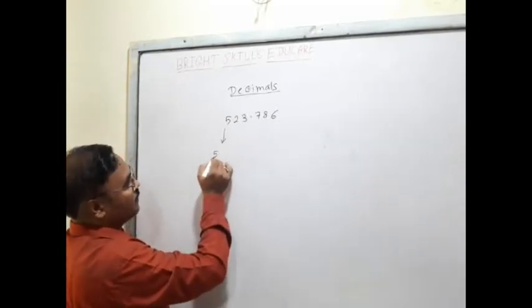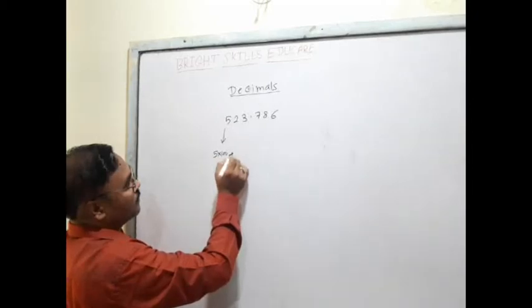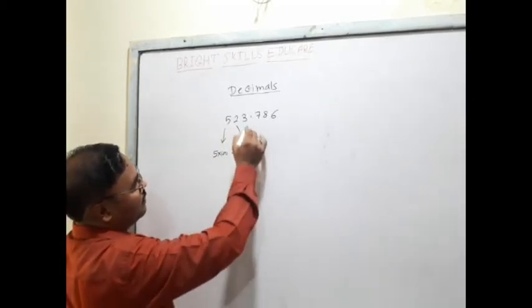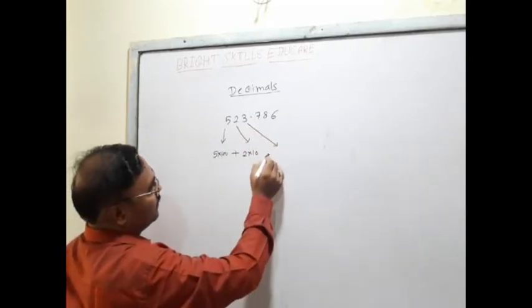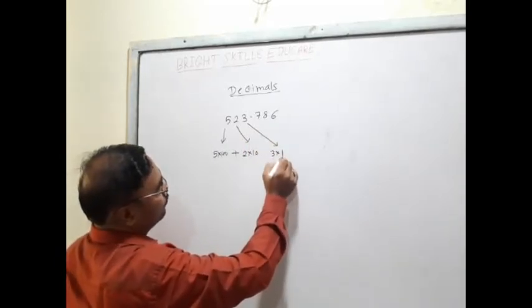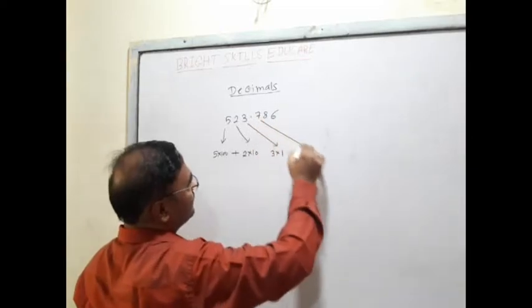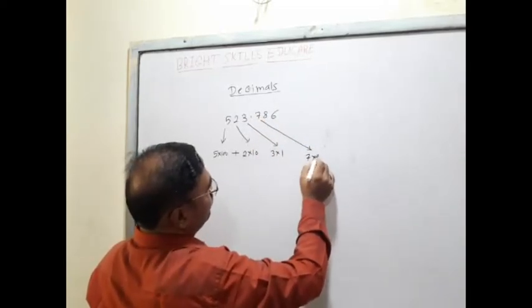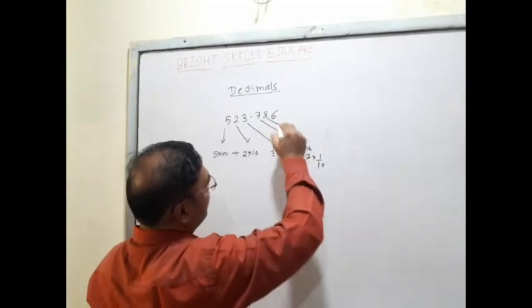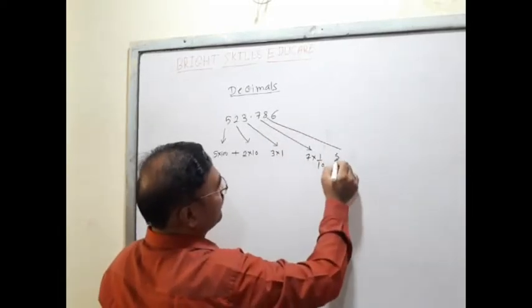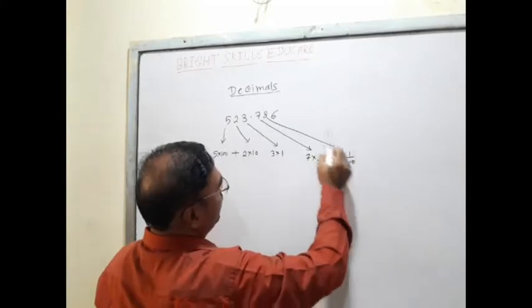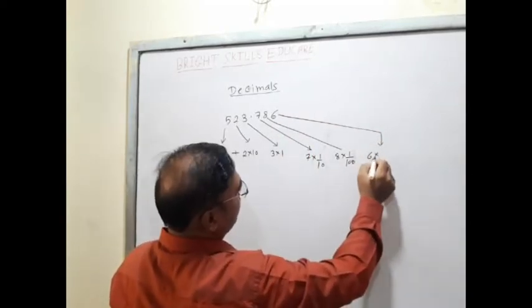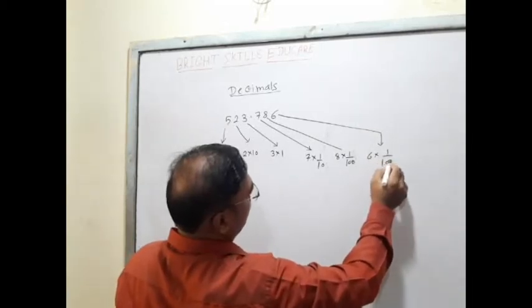That means it is 5 into 100, then 2 into 10, then 3 into 1, then 7 into 1 upon 10, then 8 into 1 upon 100, and finally 6 into 1 upon 1000.